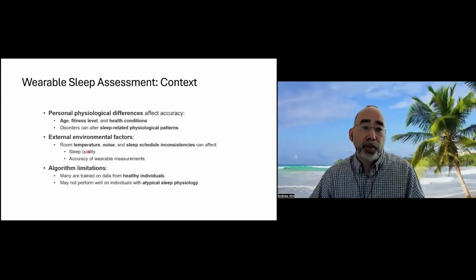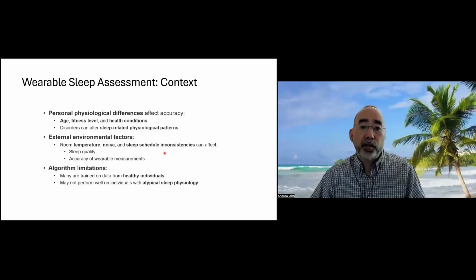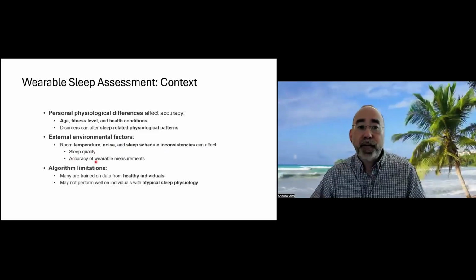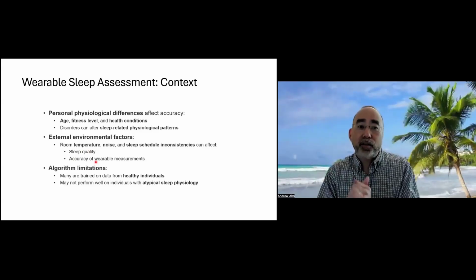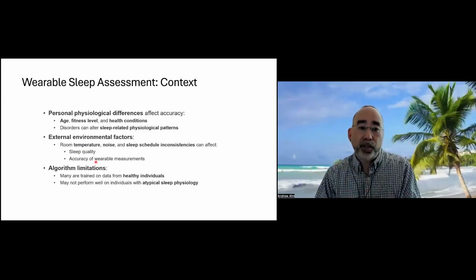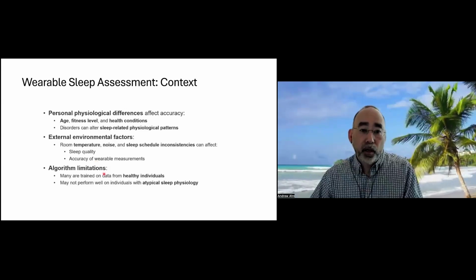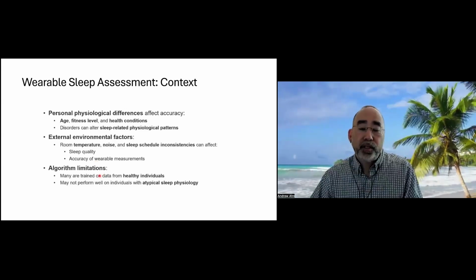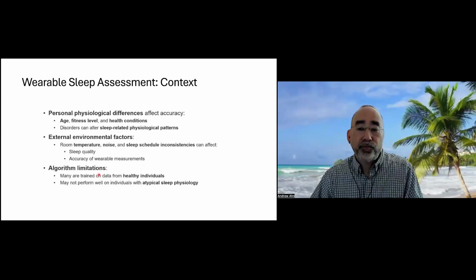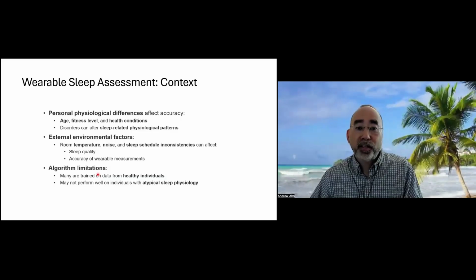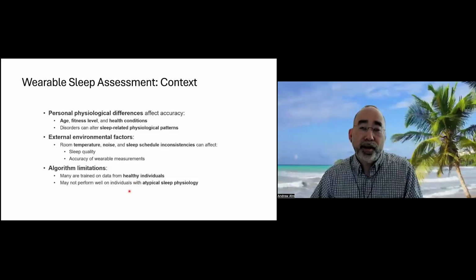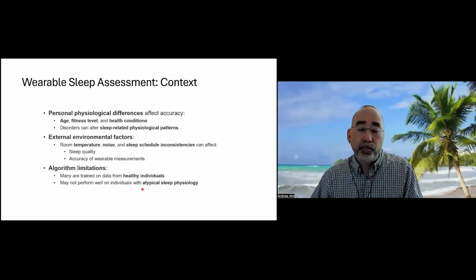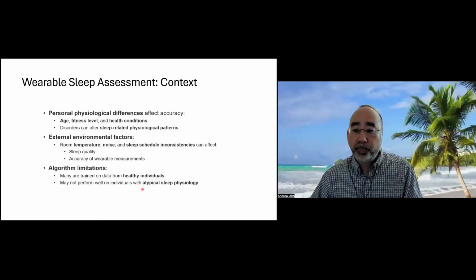And then you have room temperature, noise, and sleep schedule inconsistencies, all of which can affect these autonomic physiological changes that could then change the accuracy of the sleep stages. And most of the data that we have to validate wearable devices against PSG have been done on healthy individuals, and it may not do well with people with atypical sleep physiology.